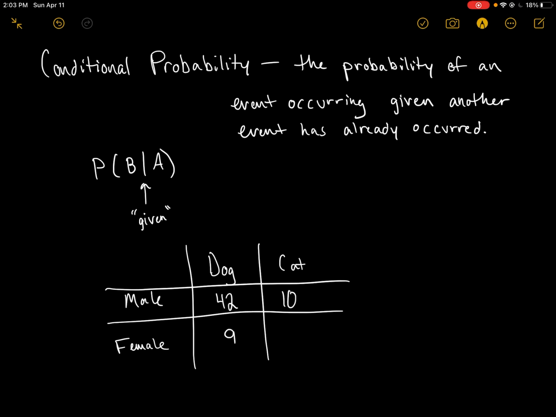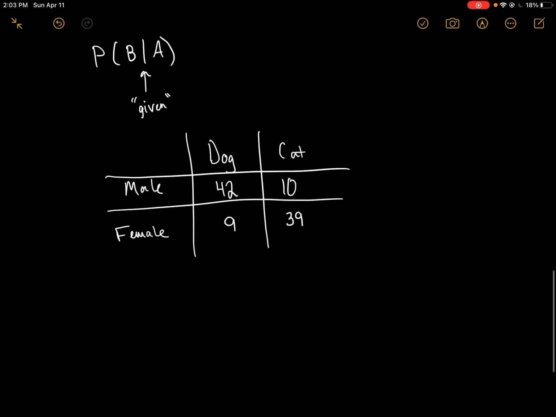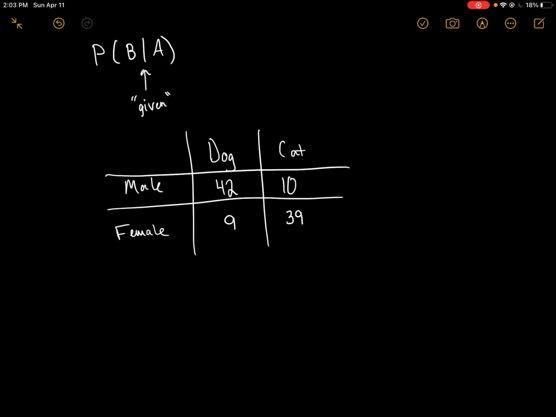This was based off a survey of 100 people. This data is just given to us, and there are a few questions based off of this table. It'll give us a good way to explain conditional probability.